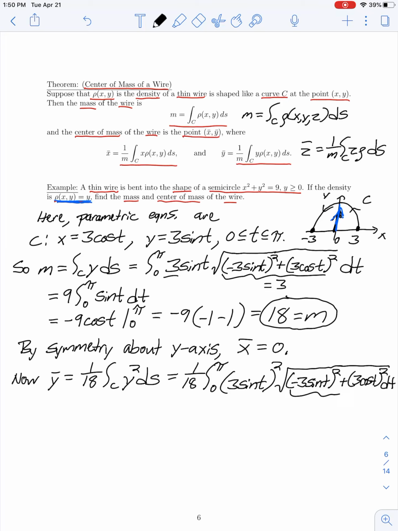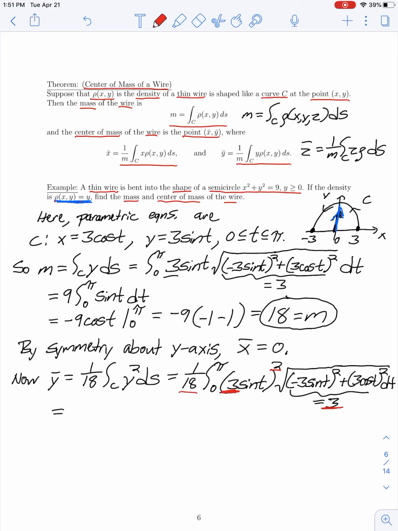So this expression under the radical, again, reduces to 9, so the square root of 9 is equal to 3. And so let's see what we're left with. We have altogether a constant of 3 squared, so 9, times 3, which is 27.